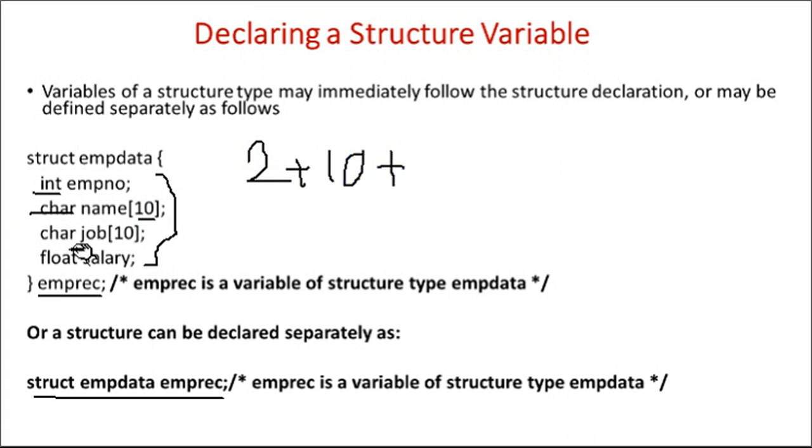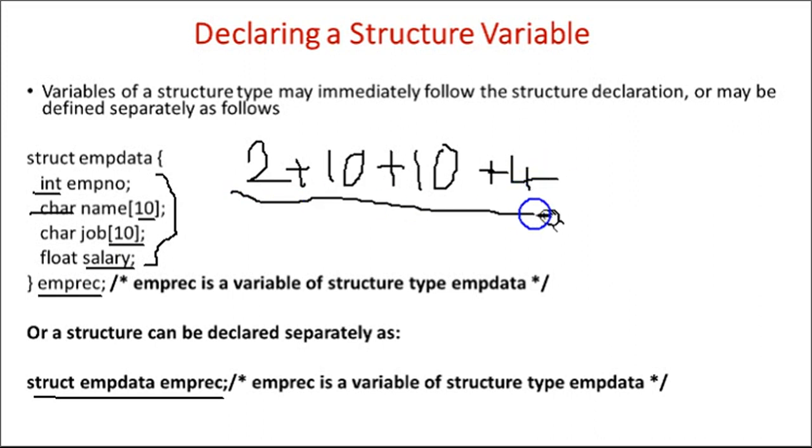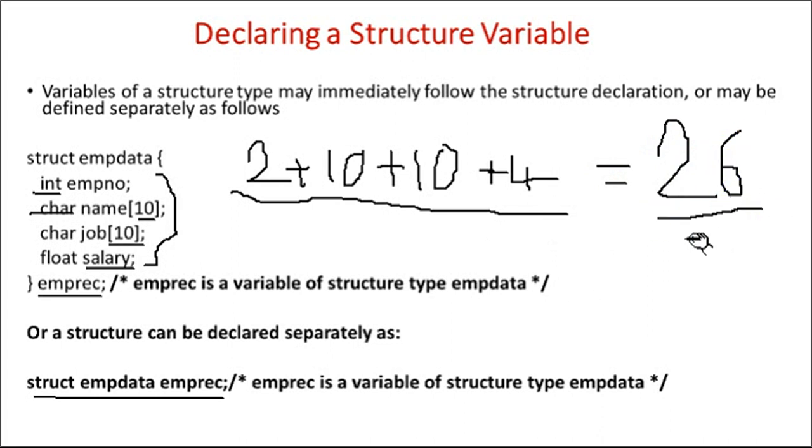Next is char job, again a single dimensional character array, so again 10 bytes are required for the third member. Next is salary, a float, so 4 bytes are required. In total, 20 plus 2 is 22, plus 4 is 26. So 26 bytes will be required to store this particular structure.